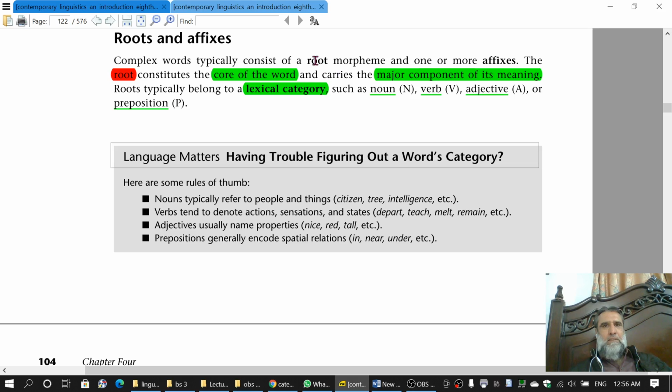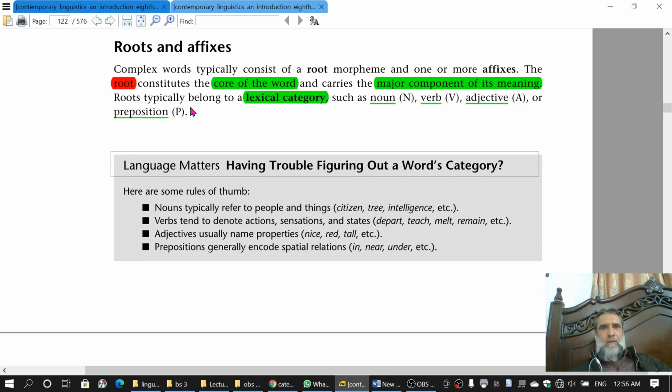When this is the case, one of them is the root and one or more are the affixes. Root is the one which is the core of the word and which carries the major component of its meaning. That is, if we have to find out the meaning, we have to look to the root. And thirdly, it belongs to the lexical category, that is noun, verb, adjective, or preposition. Root often belongs to these four.